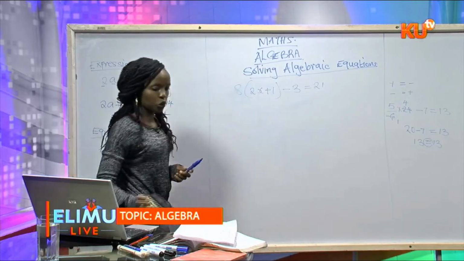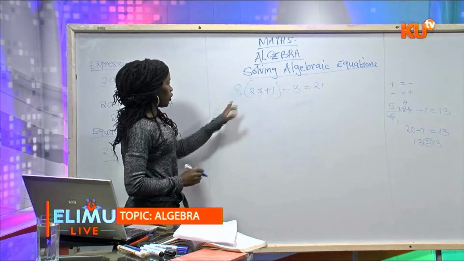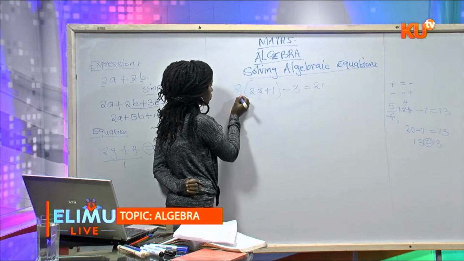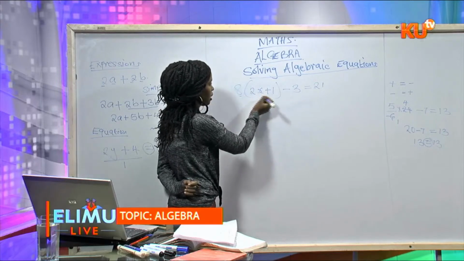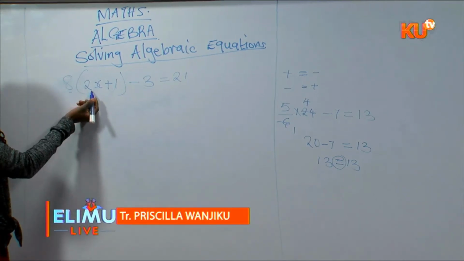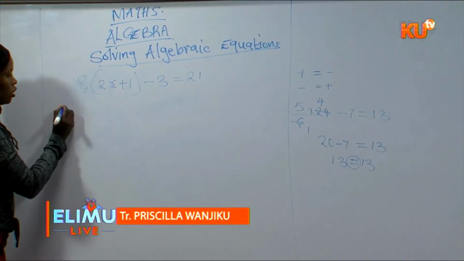In such a situation, you are supposed to open up the bracket first. So this is a bracket and I'm supposed to multiply by 8. So what is inside the bracket, multiply by 8. That means I'm going to take 2x times 8, then 1 times 8.